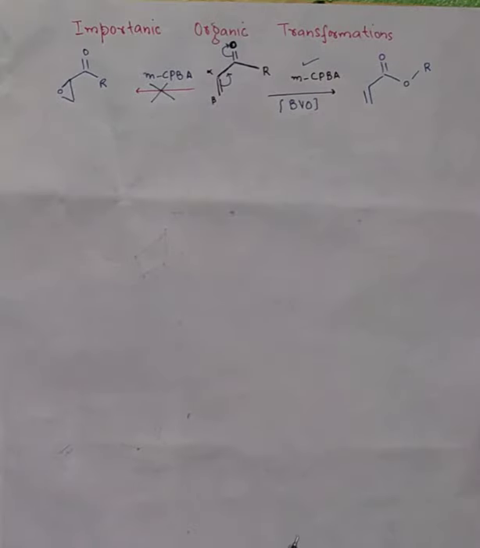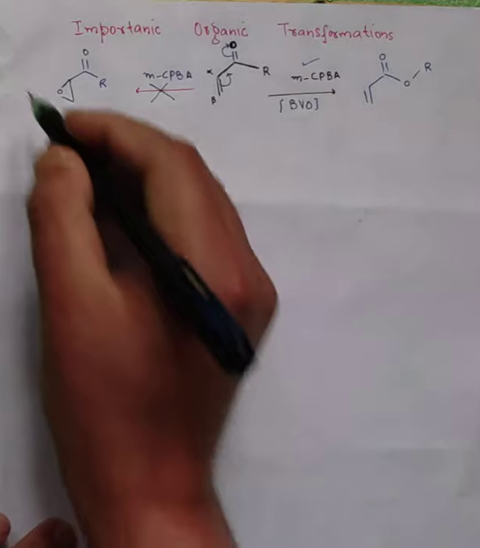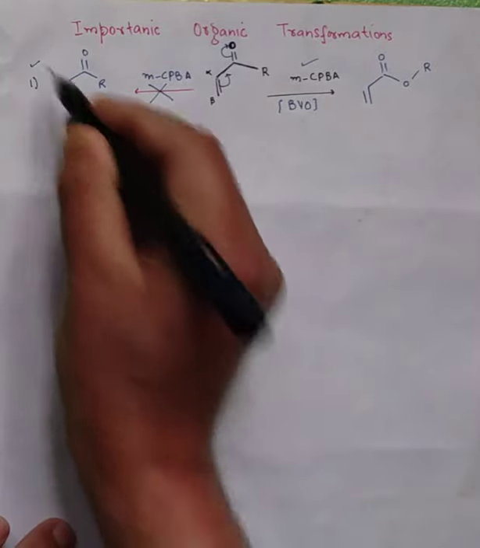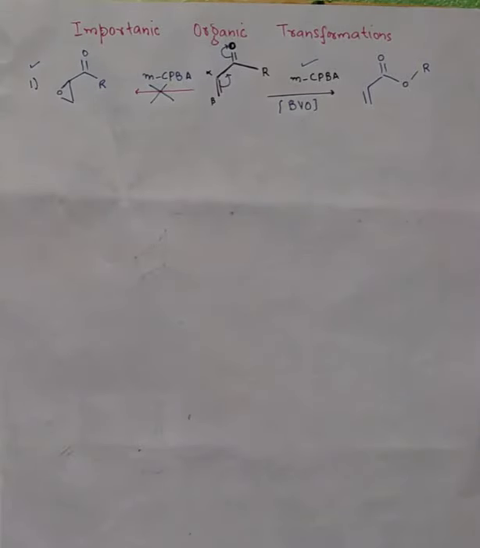So we should say that in case of alpha beta unsaturated carbonyl compounds, when we treat them with metachloroperbenzoic acid, the products formed will be the esters. Fine. So this is our problem number 1 in today's case. Questions come from this. Many times questions have been asked of this type. So you have to remember, just look at whether the alkene is electron rich or not.